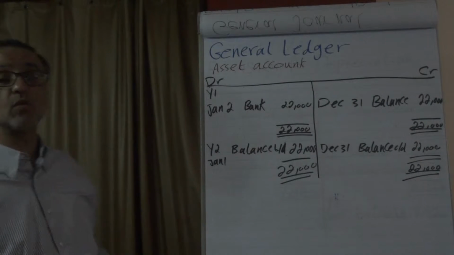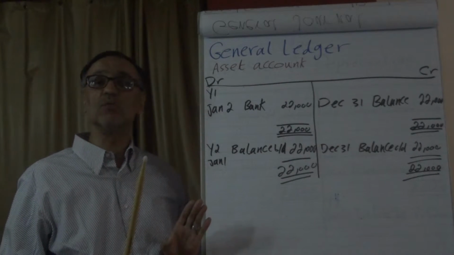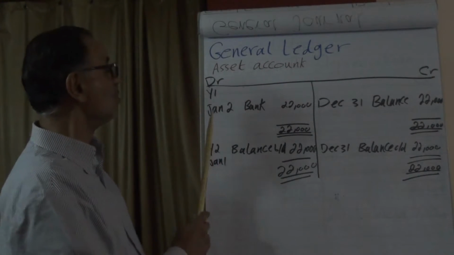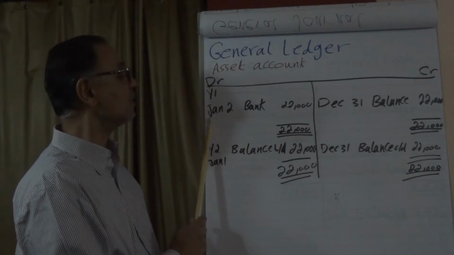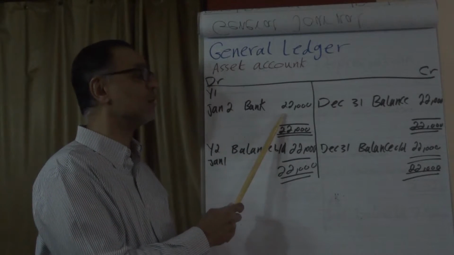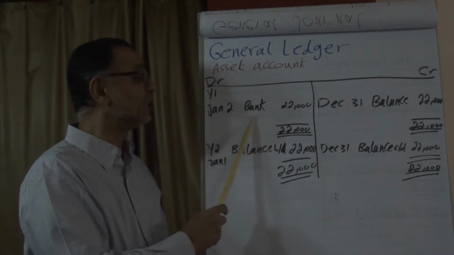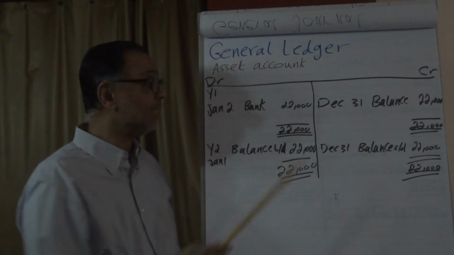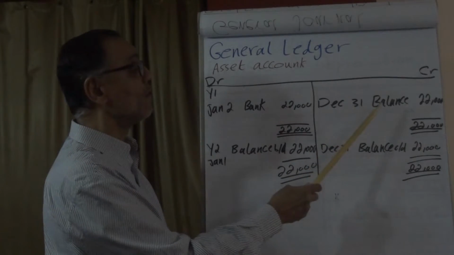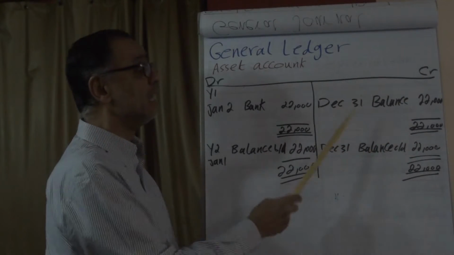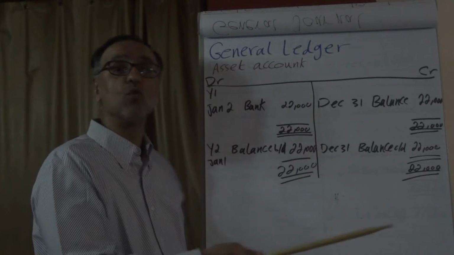In the general ledger we have the asset account. It's not touched; it stays as it is. We started in year 1 on January 2nd. We bought an asset of $22,000, and the credit was the bank. At the end of the year, December 31st, we have the balance, 22,000. This is the balance carried forward.